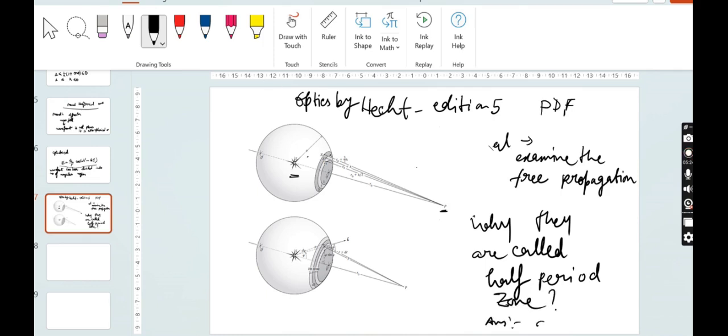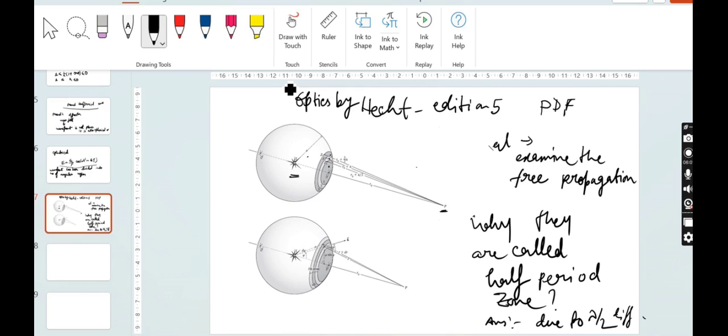The answer is that lambda by 2 difference. Here you can notice that for a secondary point source in one zone, there will be a point source in the adjacent zone that is farther from P, like this point and this point. They are adjacent in the zone and they are lambda by 2 apart. And each zone is finite in extent.